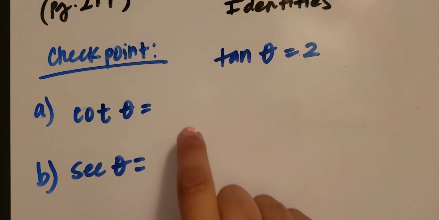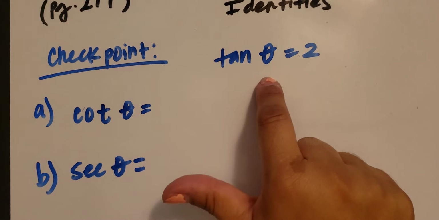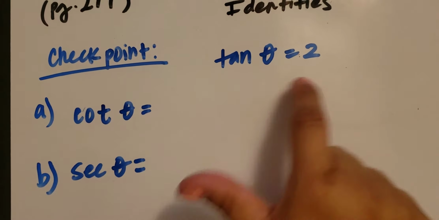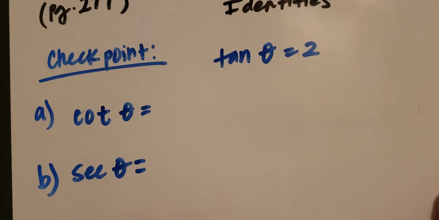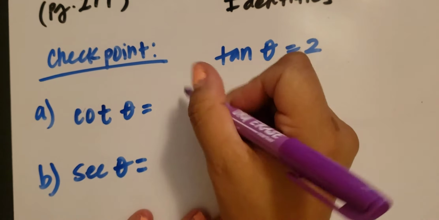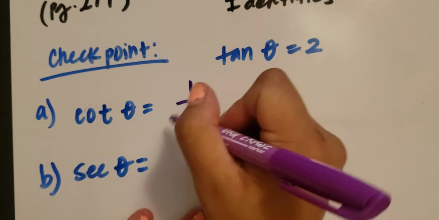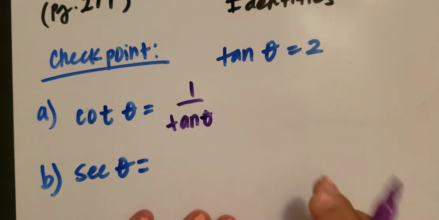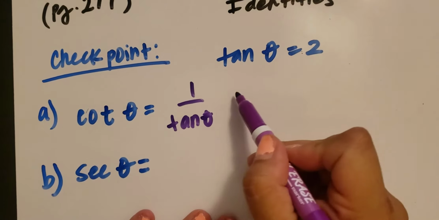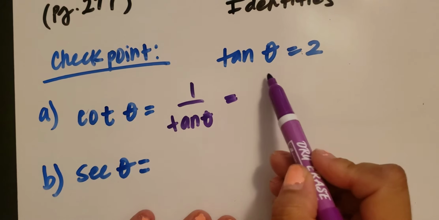So if I'm given tangent of theta equals 2 and I'm looking for cotangent, then most likely the trig identity that I would use is the one that says cotangent equals 1 over tangent of theta.